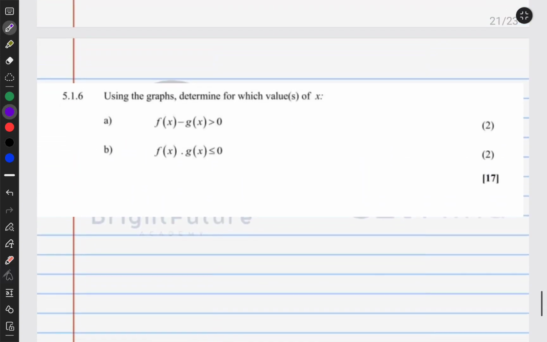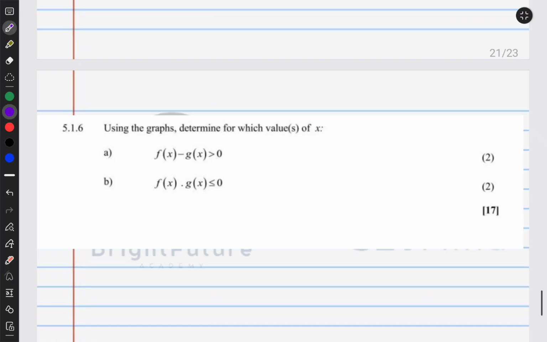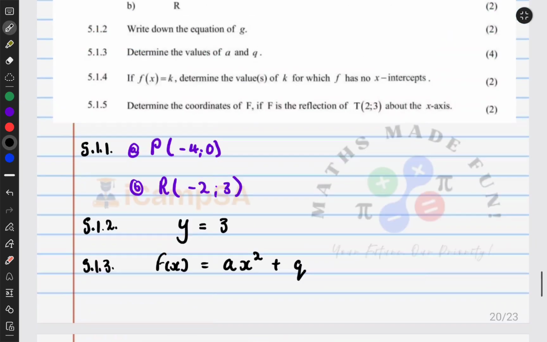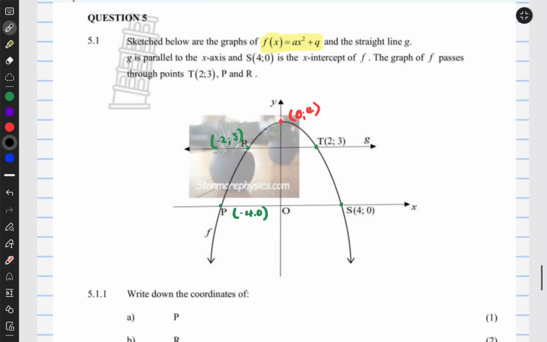Okay, 2 and -3. And then 5.1.6 a, using the graphs, determine for which values of x, f of x minus g of x will be greater than 0. Values of x where f of x minus g of x will be greater than 0 will be a positive number. So we basically have to look for those values of x whereby the graph of f is above the graph of g.